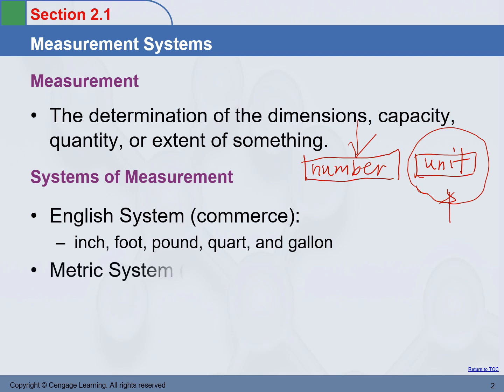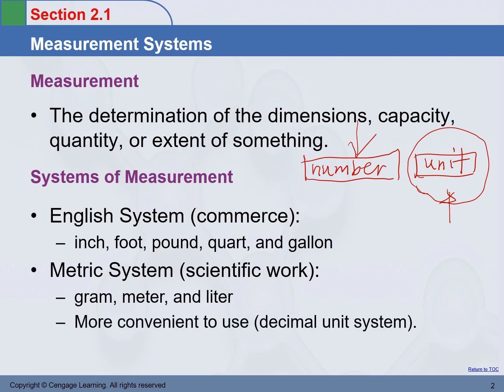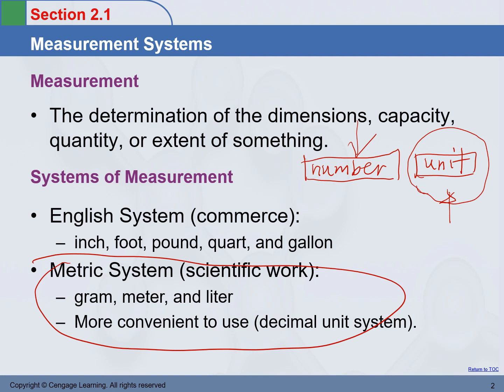However, in the scientific field, it is the metric system that is used, like grams, meters, liters. The reason for that is because it is a decimal unit system. It is more convenient to use. So, starting from the next slide, we're going to focus on the metric system.